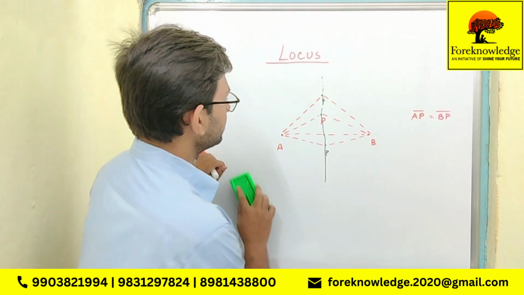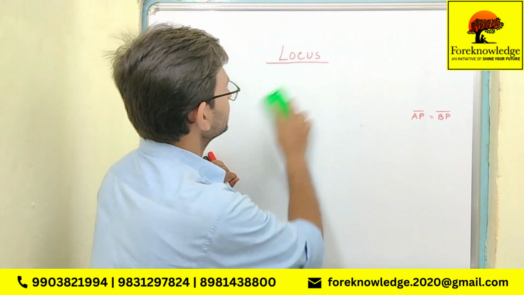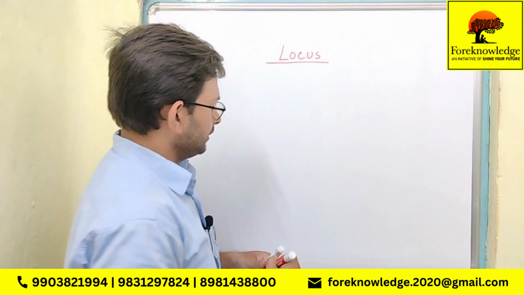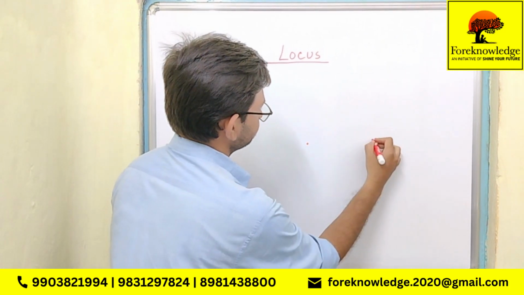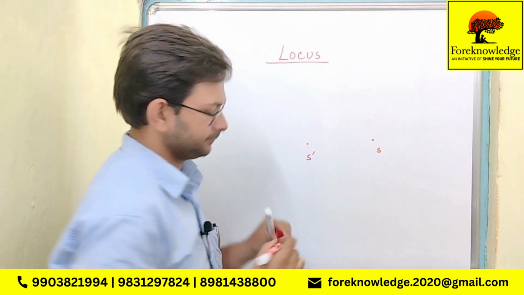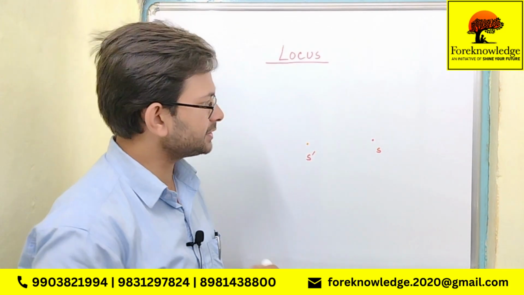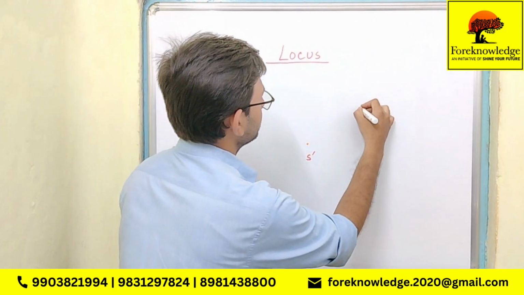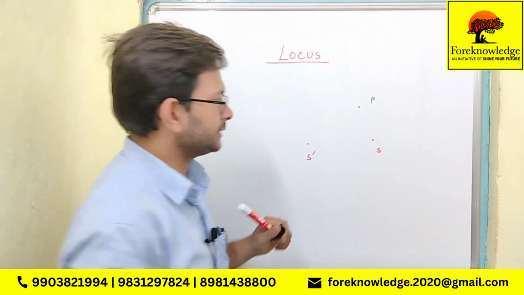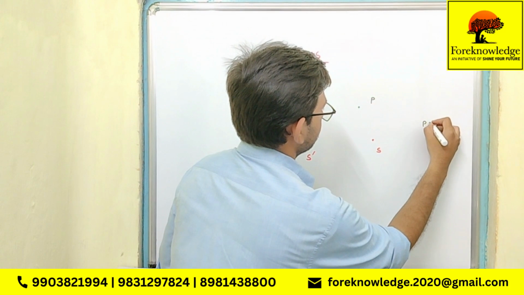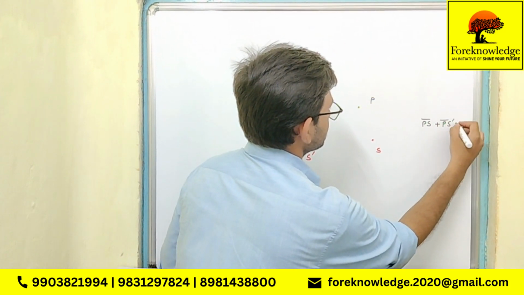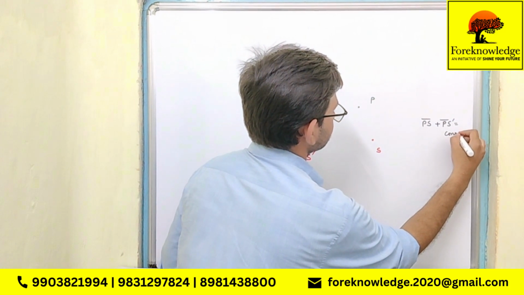Consider another example. Suppose there are two fixed points S and S dash, and there is a moving point P such that PS plus PS dash is equal to constant.